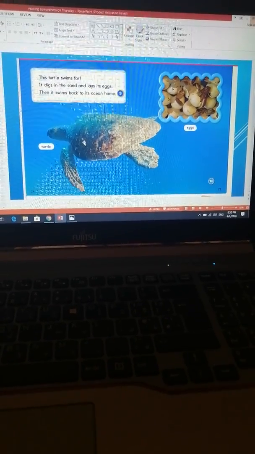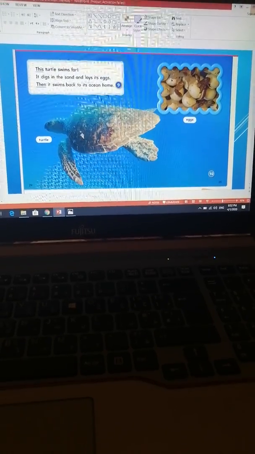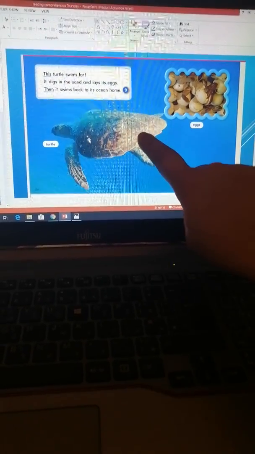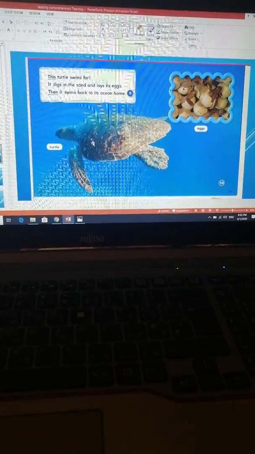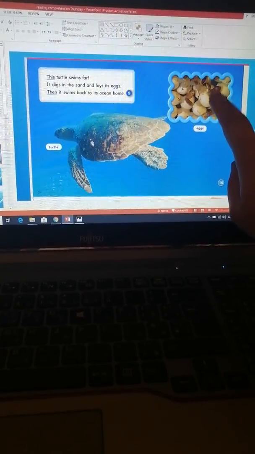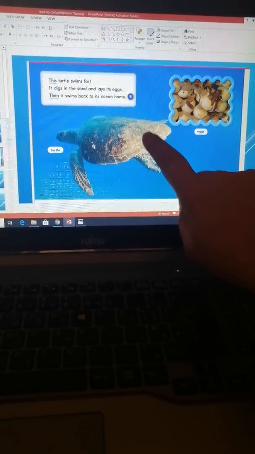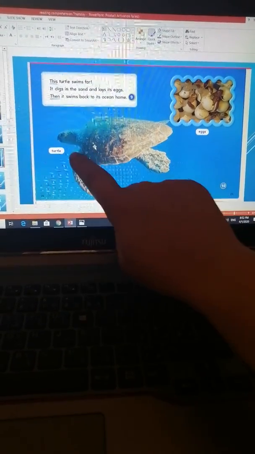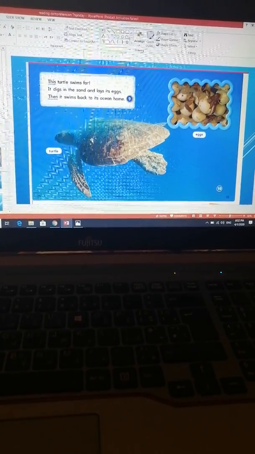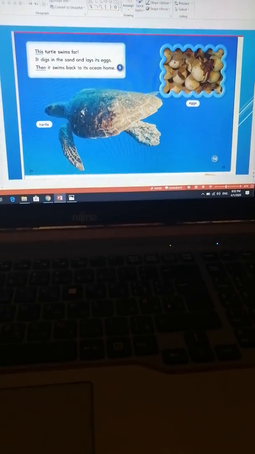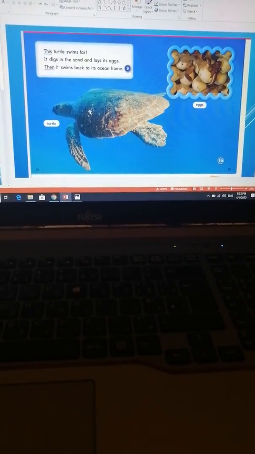More than 150 eggs at one time. Then it swims back to the ocean. The baby turtle comes out of the eggs and also will go to the ocean or to the sea because it has flippers. See how many details, how many facts we know about the turtle now.